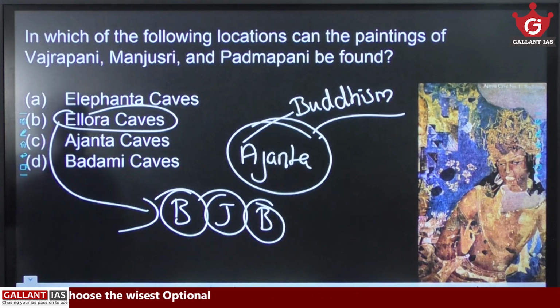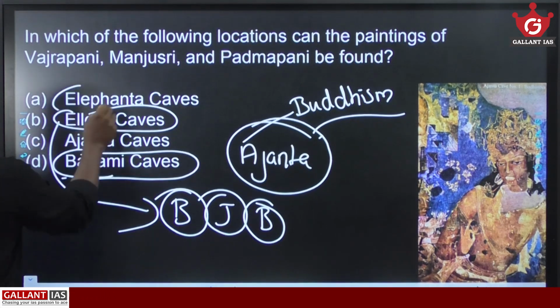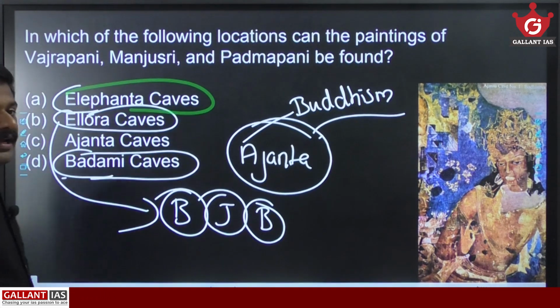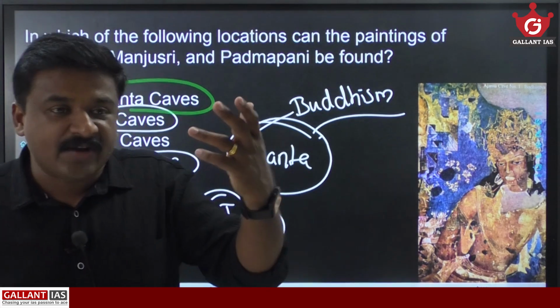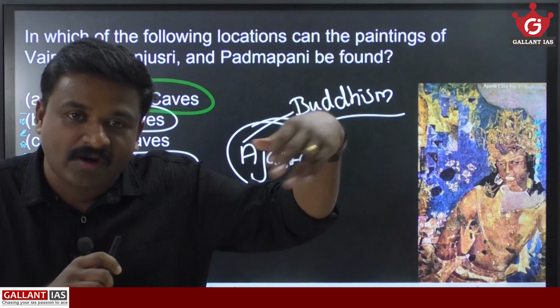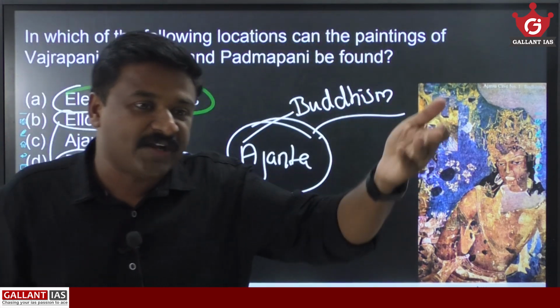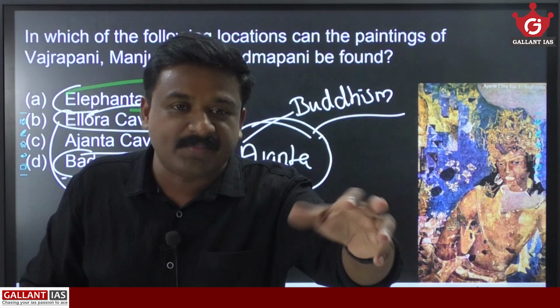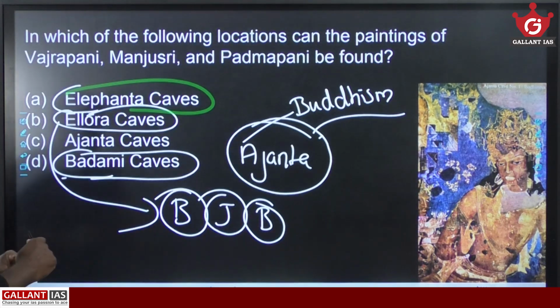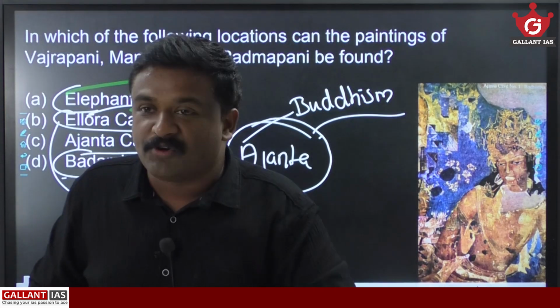Badami caves, this is Brahminical caves. Elephanta caves, Ellora caves, the Guptas were large contributors to their evolution. Later on, Rashtrakutas were also among the biggest contributors at Ellora and Elephanta. Am I right? So things like this cave art and architecture are a crucial part of your syllabus.